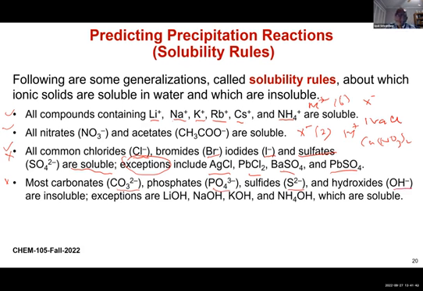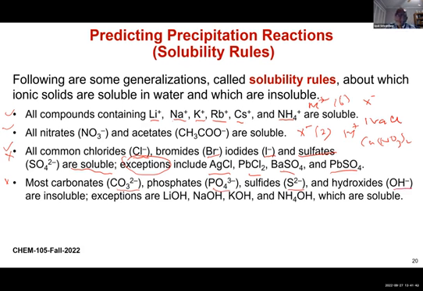In these reactions, electrons are transferred from one atom in a compound to another atom in a compound. Normally it takes place between reactants, so if you have A plus B, let's talk about this later.